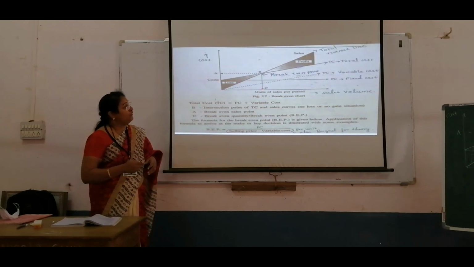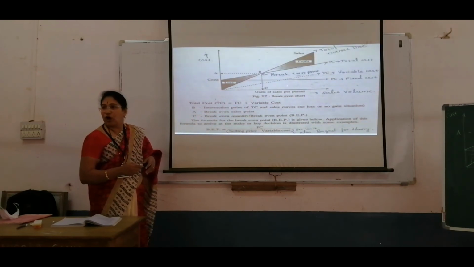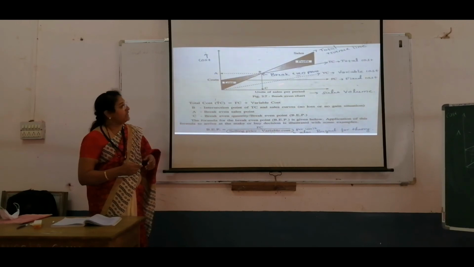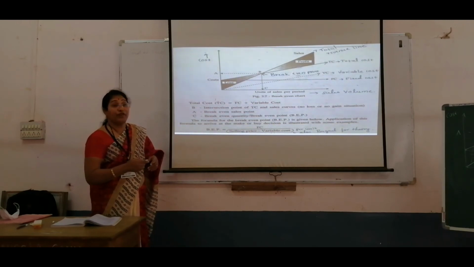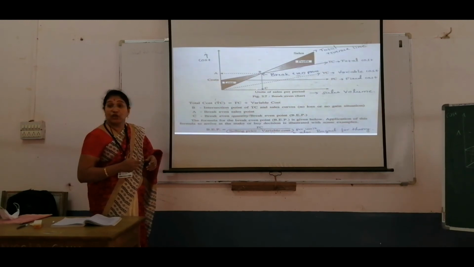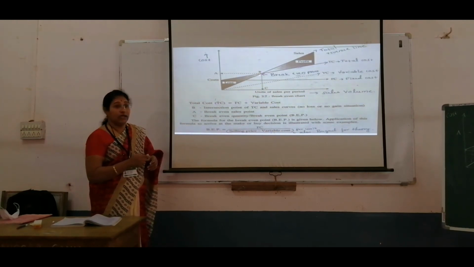Above this point, if you produce the part, volume quantity ಜಾಸ್ತಿ ಆಗ್ತದೆ, it is profit for the company. If the production quantity is equal to the break-even point, then at this point exactly there is no loss, no profit.